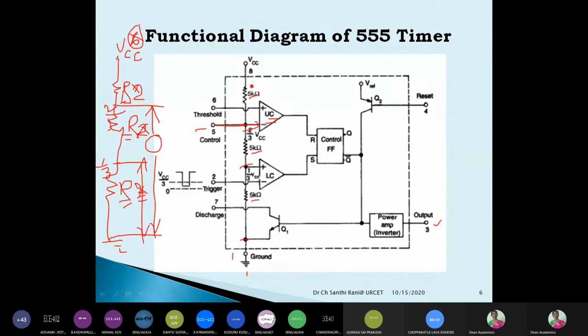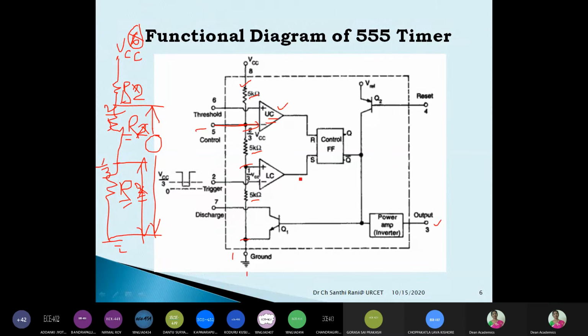That means from the same supply voltage, we are able to derive two different voltages: the reference voltage to the lower comparator and the reference voltage to the upper comparator. Okay, so this is what a voltage divider does.